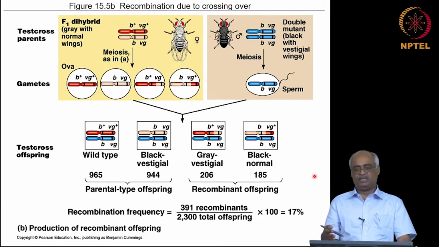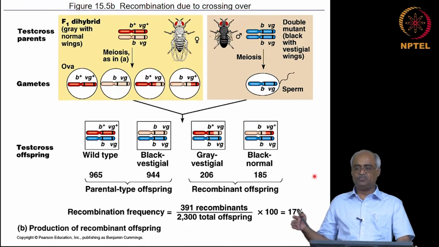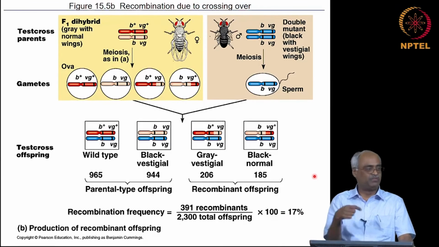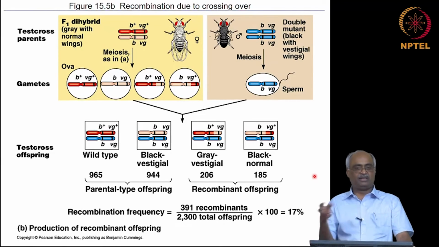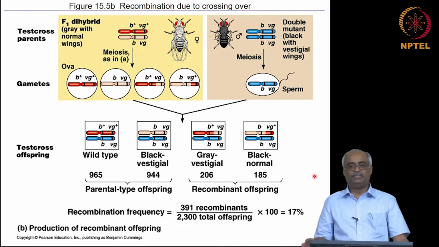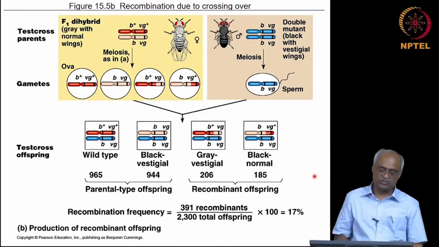You will have variations, but more or less they follow, okay. Except those mutational what we call hot spots, where the frequency of recombination is higher than an average locus, except those exceptions mostly this holds good, and this is the basis by which genetic maps are developed.